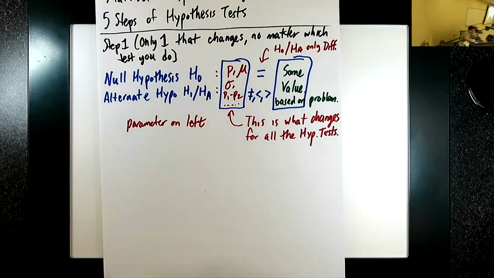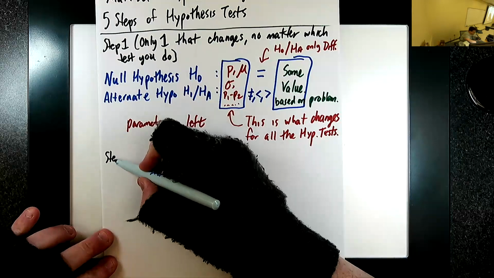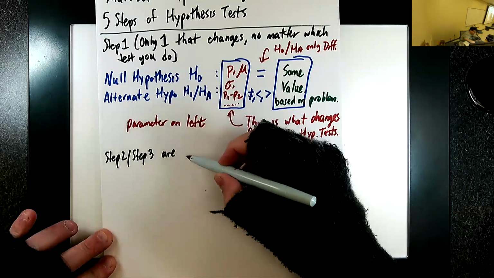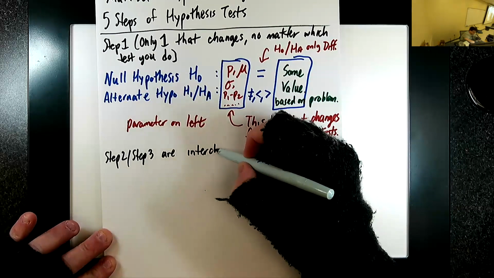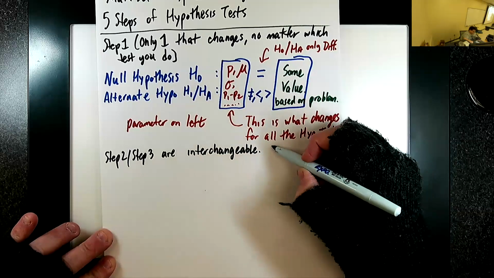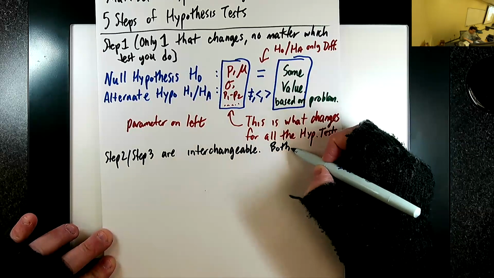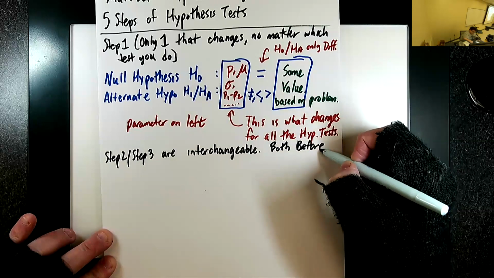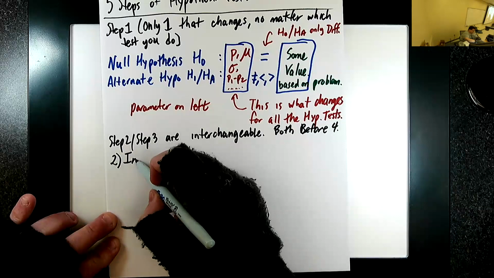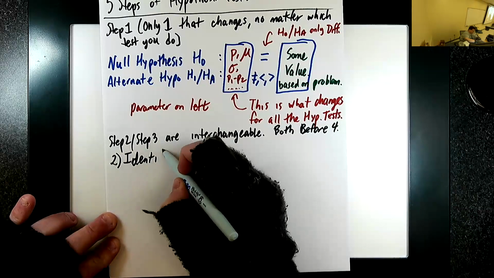Step 2 and step 3 are kind of interchangeable. You need them both before step 4. Step 2 will be identify alpha, the level of significance.